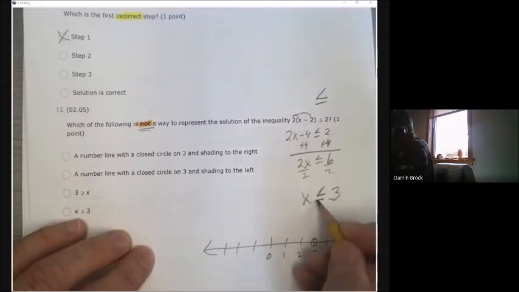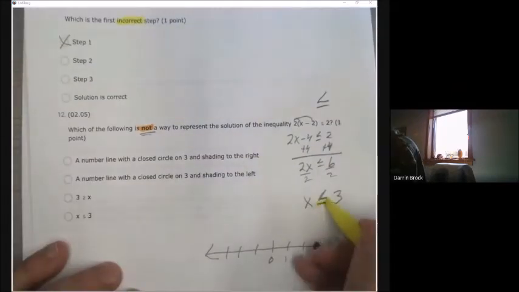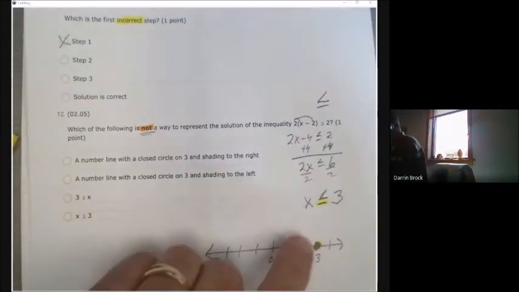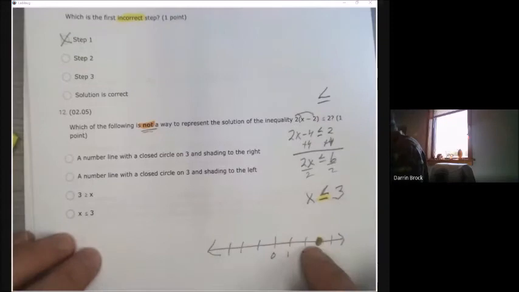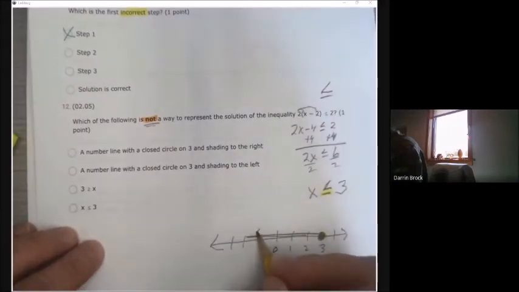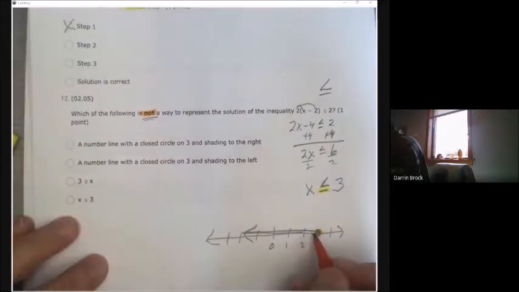If it's got the equals, we got to put a closed circle, right? Because of that equals underneath it. Equals means we fill it in. And since x is everything less than 3, we would be going that way, right? So on the number line, I'll put it in red where it stands out a little better.